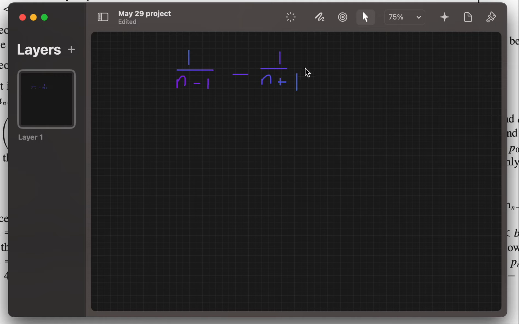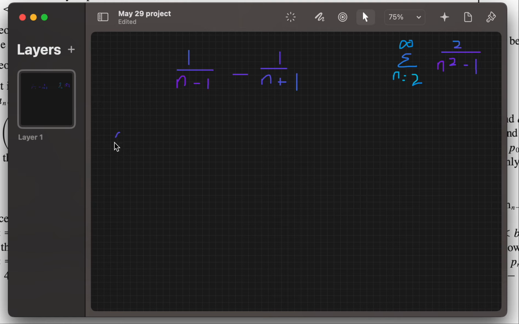So this is a telescoping series. So remember, the original equation was the sum from n equals 2 to infinity of 2 over n squared minus 1. So as a telescoping series, you would write this out.